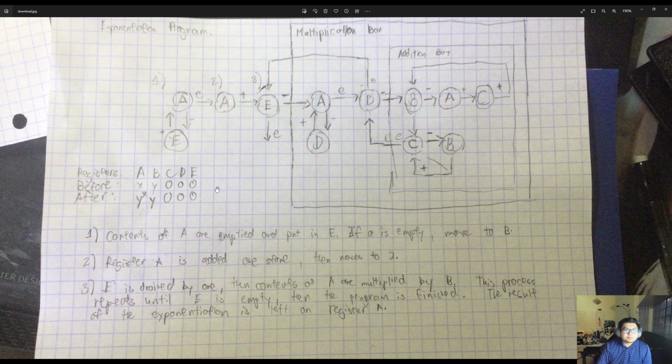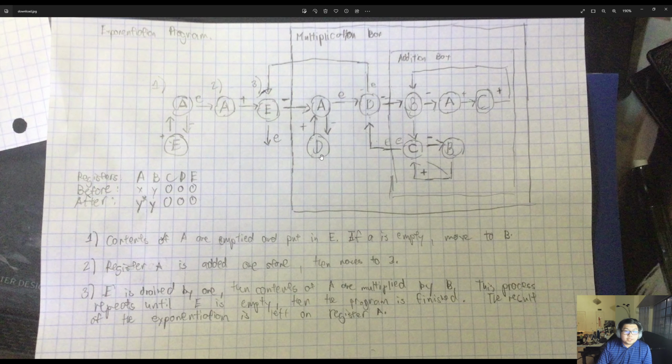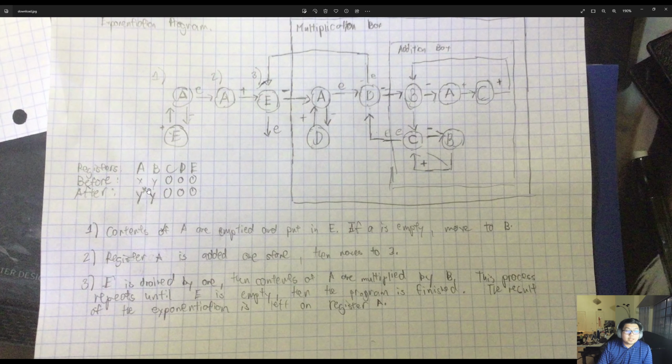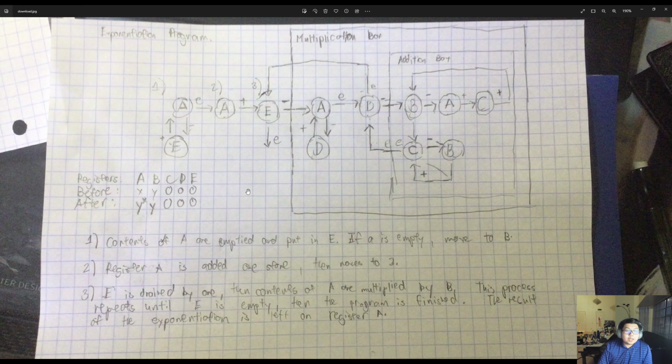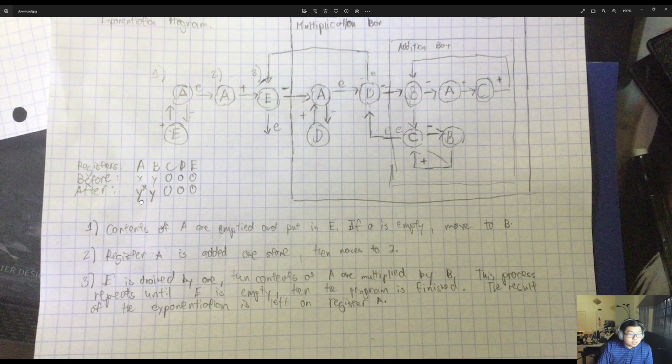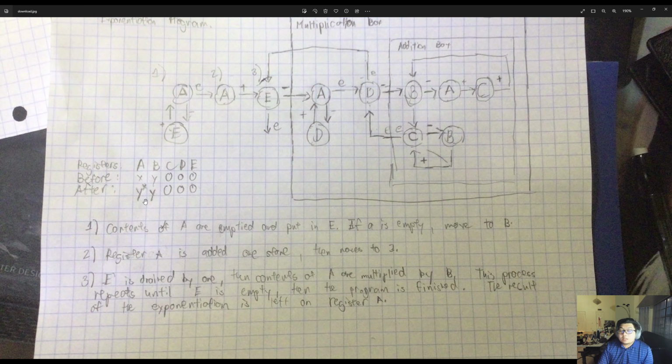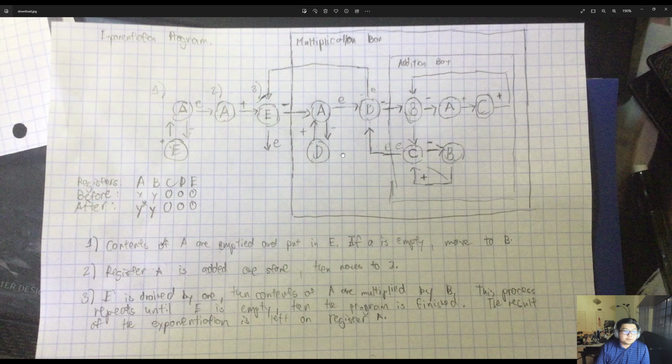The base should be in register B, and the exponent should be in register A. Registers C, D, and E should be 0. After the program is computed, register A should have the answer, y raised to x, with B still having the base, and all other registers 0.